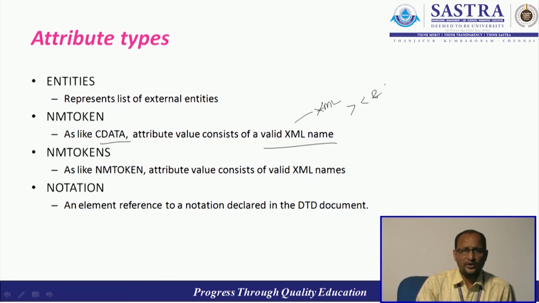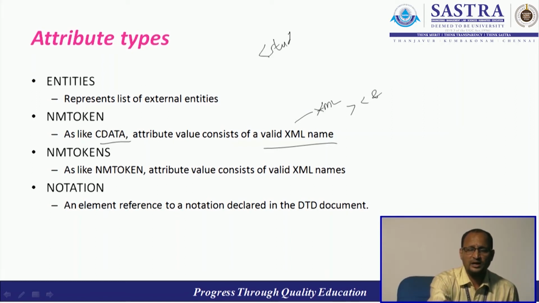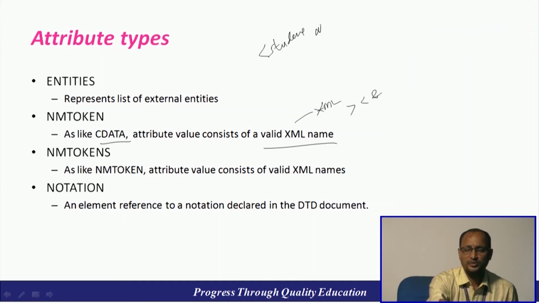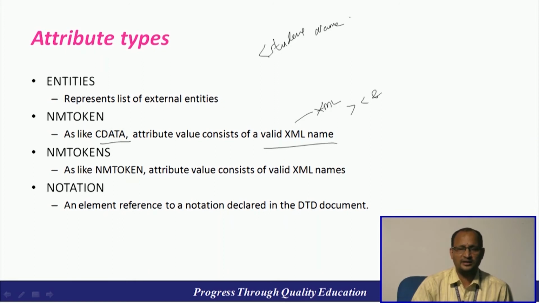I want to provide proper naming convention for a given text. Say for example, I would like to have student name I want to specify. The student name should not carry any unwanted characters, symbols, entities, so that I should give proper name.